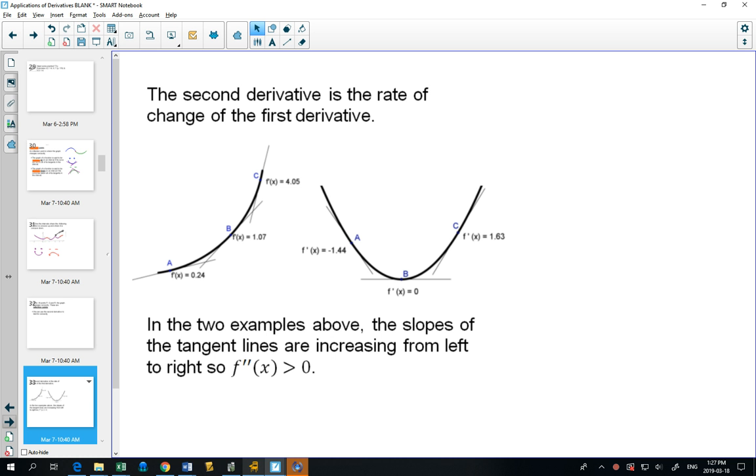So in both of these cases where we have things concave up, if we look at the tangents on something that's concave up, our tangent goes from 0.24, 1.07, 4.05. If we look at the tangents here, they go from negative 1.4, here it's 0, to 1.6.